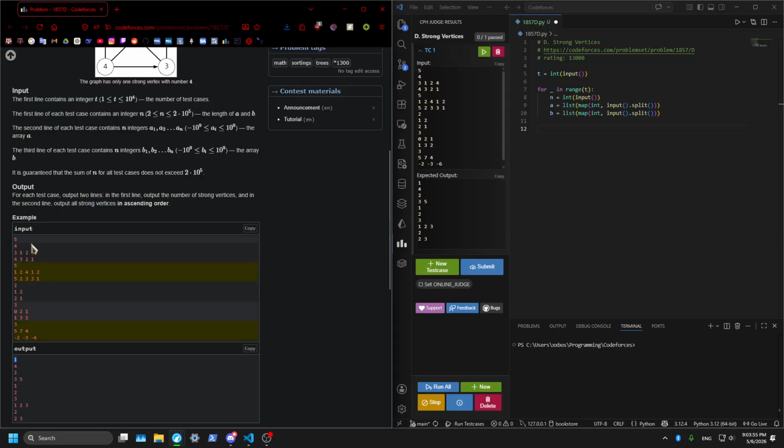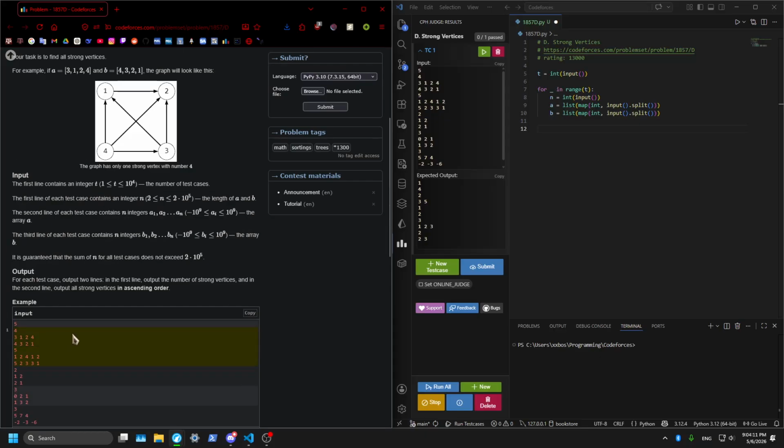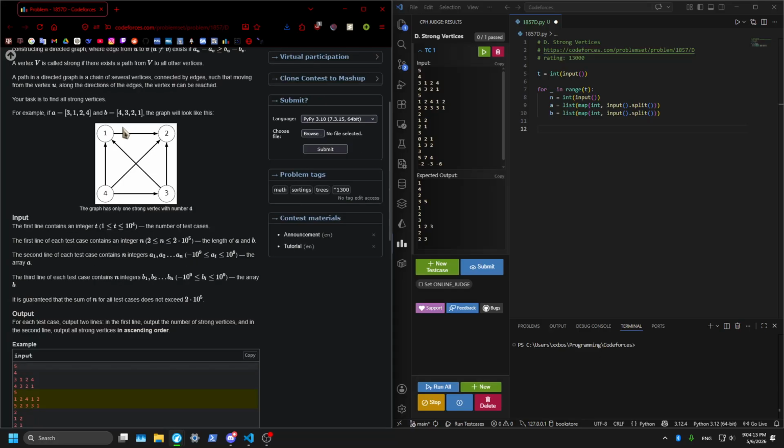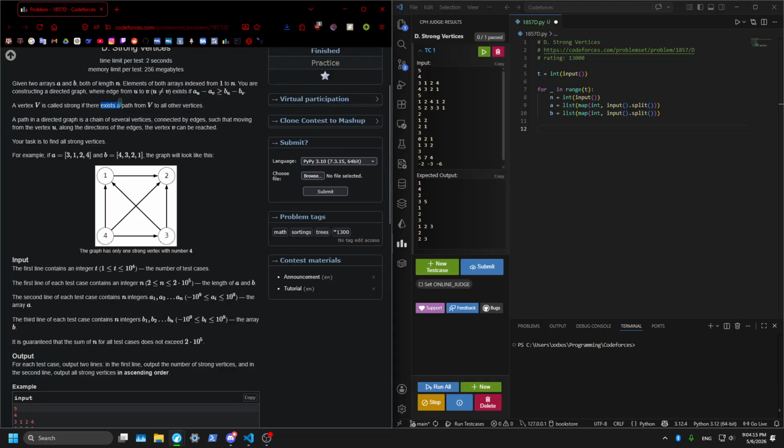So this case has one strong vertice. Why did some of them have two numbers? Oh, I guess if they're the same strength, right? There exists a path from V to all other vertices. Like 4 is a strong vertice here.